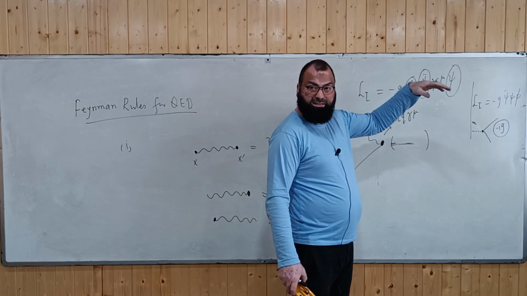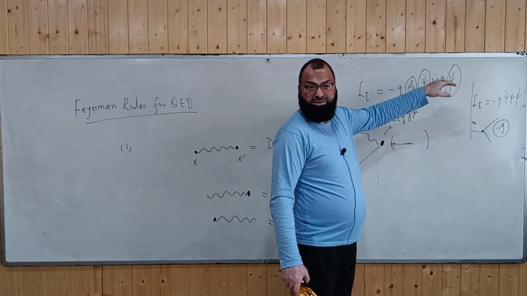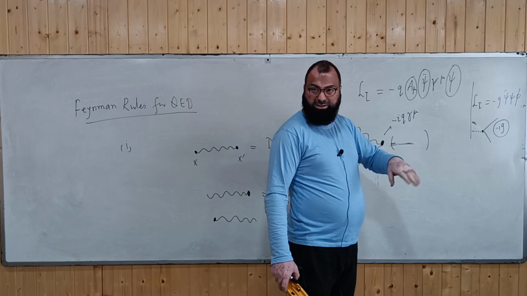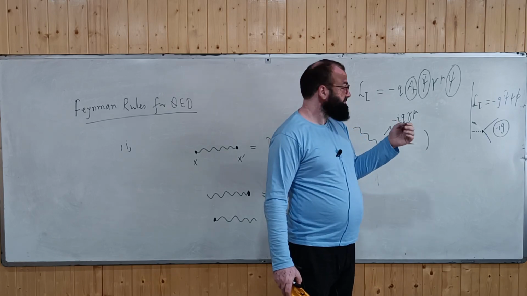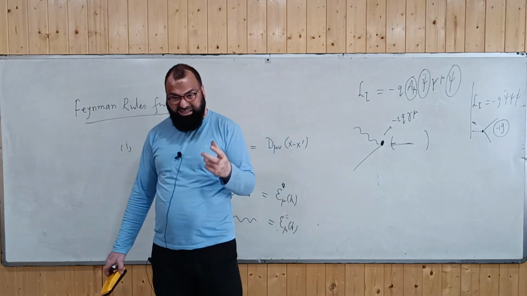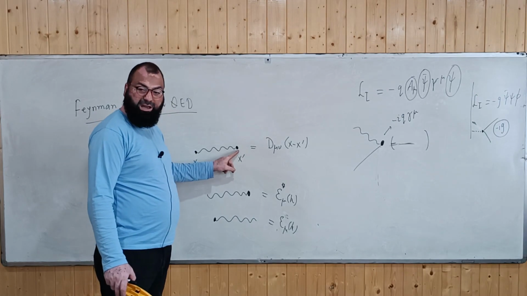A mu is a vector, and this is the 4-current generated by the charges and currents, moving charges. So the nature of the interaction in QED is the vector interaction. That's why this vertex has to be a vector.